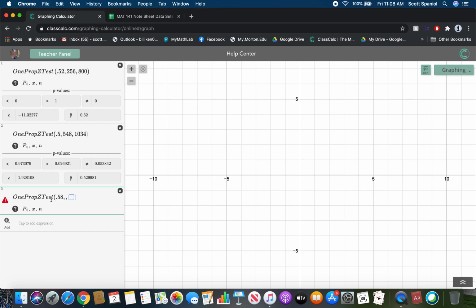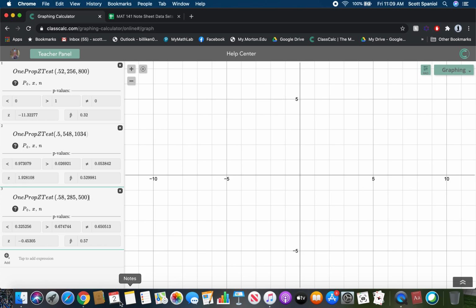We know from the sample that x is 285, and n is 500. And so in this case, we get our p-value, since we're doing not equal to, is 0.6505, which is not less than alpha.